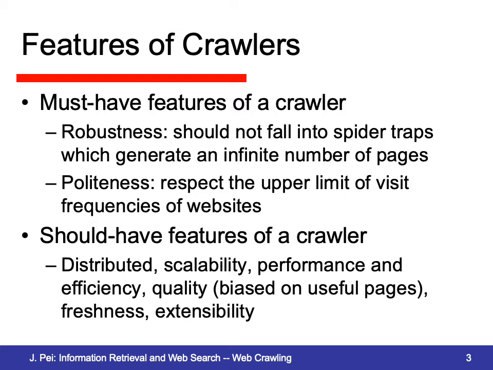It should also be efficient and of high quality, meaning it should get useful pages and not spend too much time on pages not useful for web search. It should also keep freshness, meaning it should capture updates in web pages. And it can be extended for different kinds of crawling tasks.